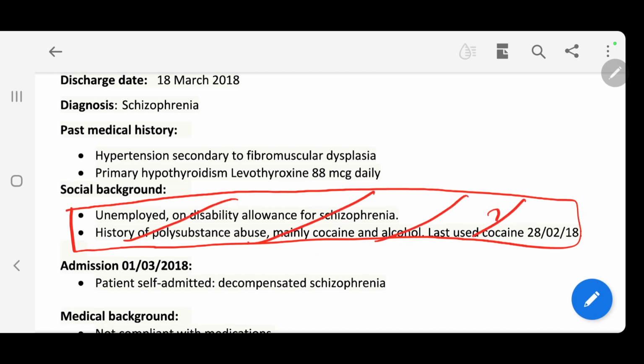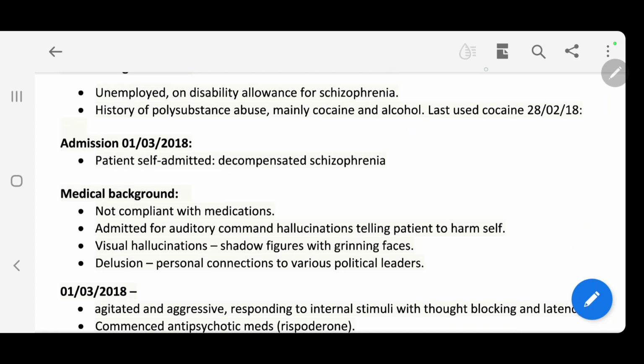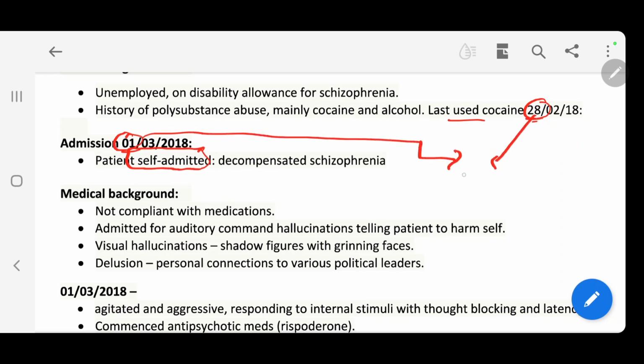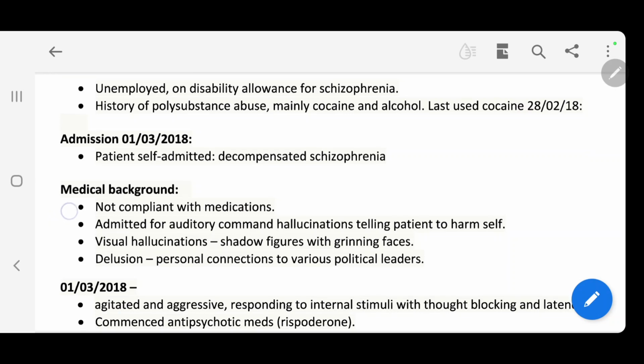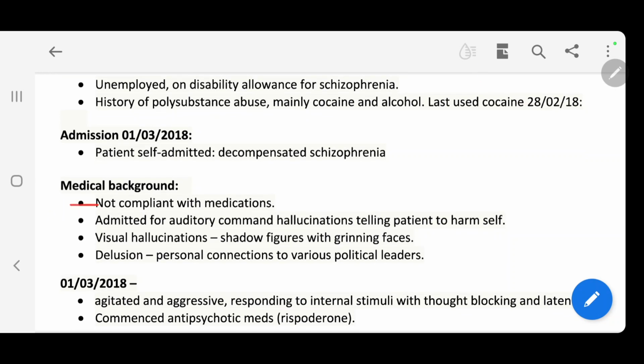We can say it's not relevant. But as you can see, on 1 March 2018 the patient had admission, and on 28 he had his last cocaine use, and this is self admission. So in combination with these three points, we can say it's relevant now. Anyhow, the details like the patient not being compliant with the medication, we already know this. These details are important to be written.